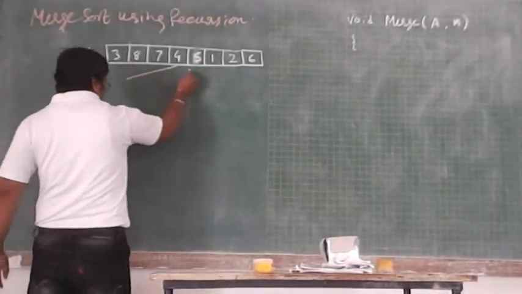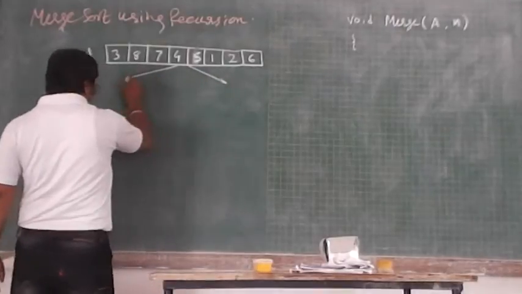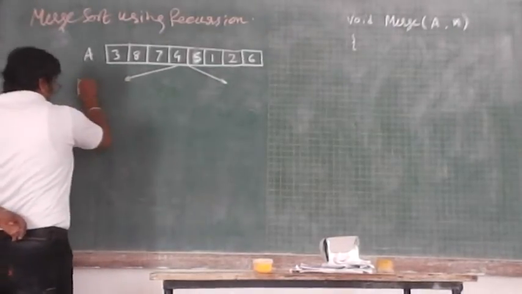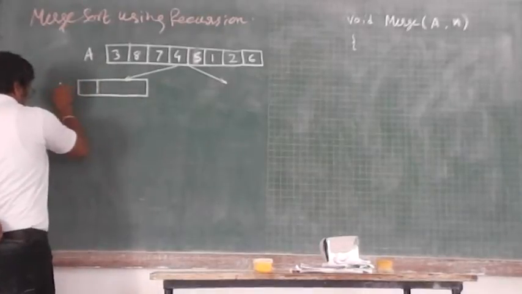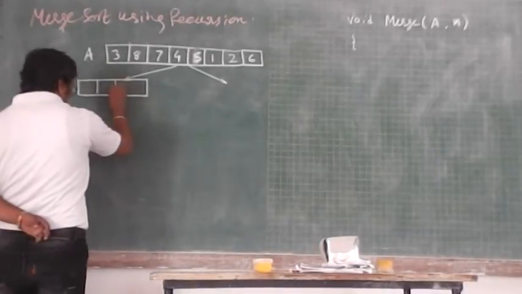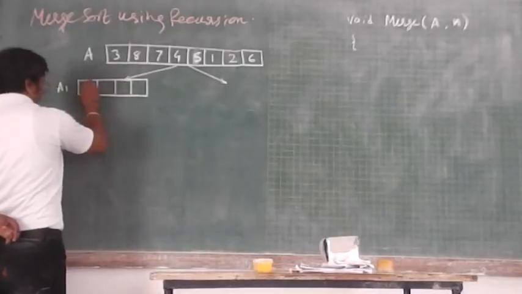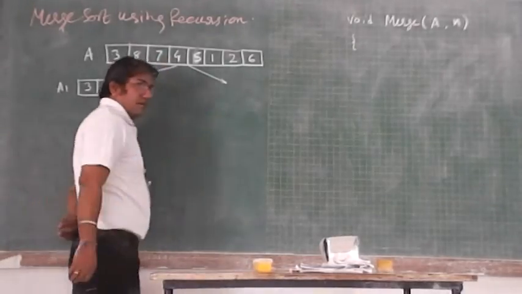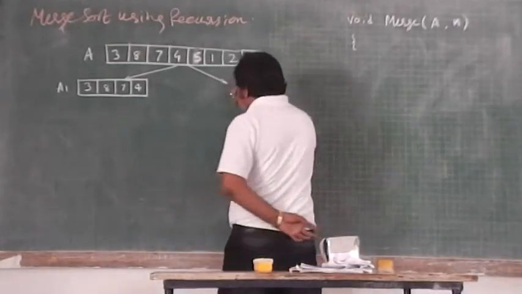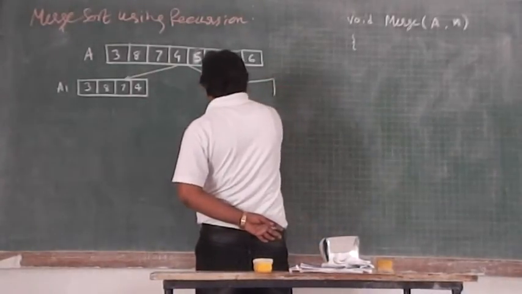So this array gets divided into 2 equal parts. One part I consider as A1 and it has 4 numbers: 3, 8, 7, 4. I simply divide the array and put it into 2 different sub arrays of size 4.